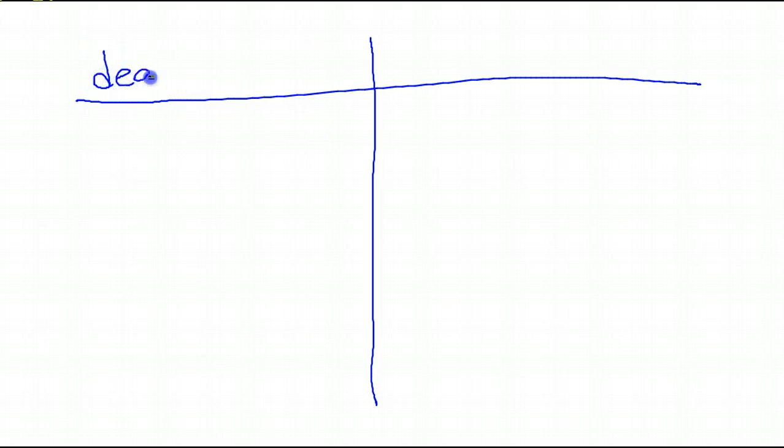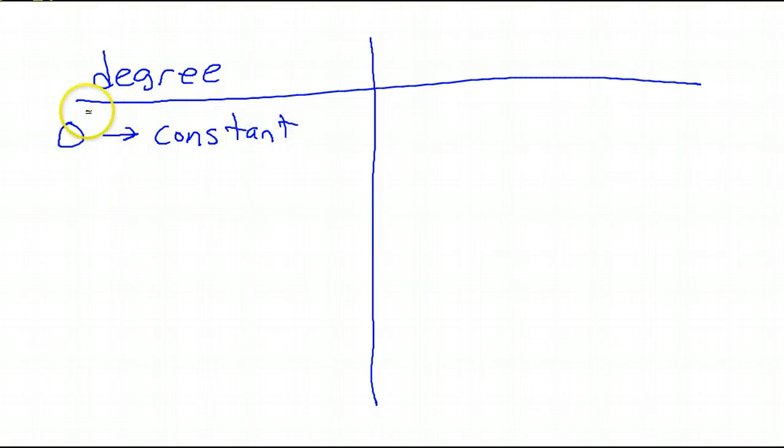So first of all, degree. If the degree is degree 0, then that's going to be a constant. Okay, so that's just would be a number. If we have degree 1, that's going to be linear, is the word we will use.